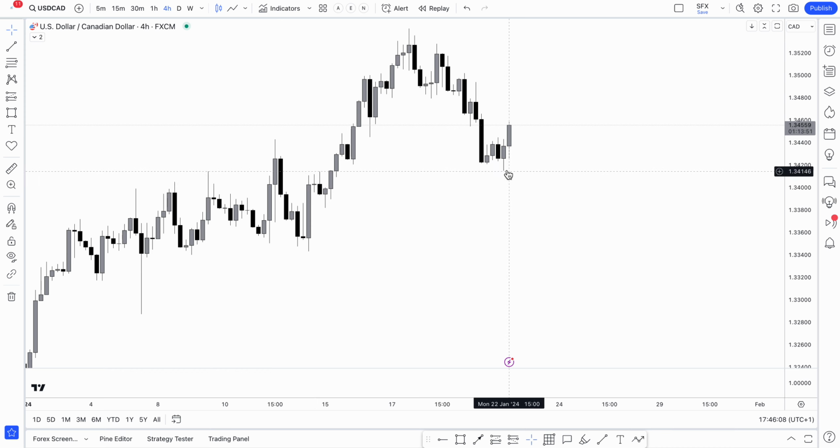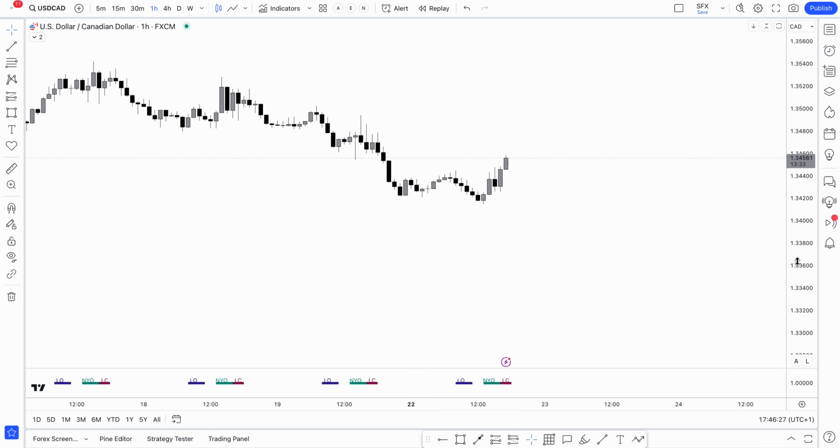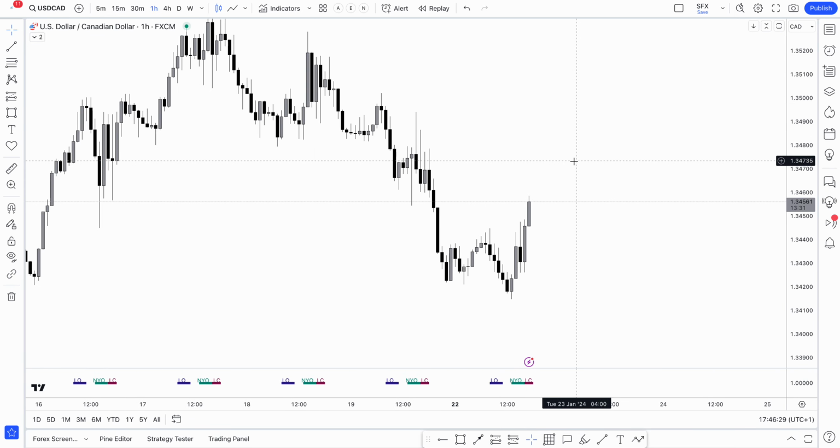As you can see, we took out the lows of the Friday. We took out even London lows, and New York is continuing up. So definitely, if we wanna trade this pair into the longs, we will target all the way up to the highs. But we have to see how the Asian session is going to play out and the London session.